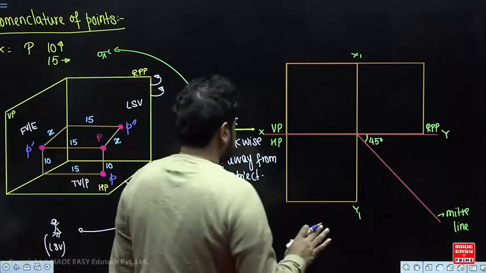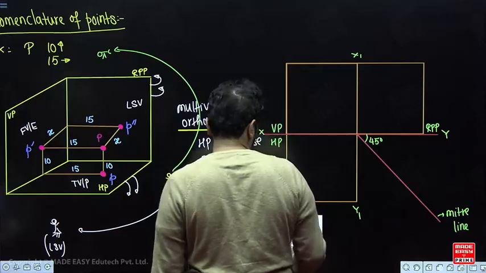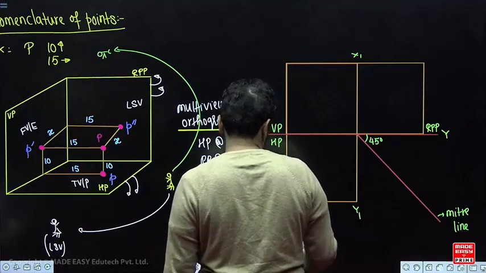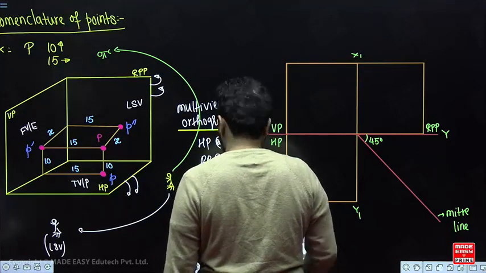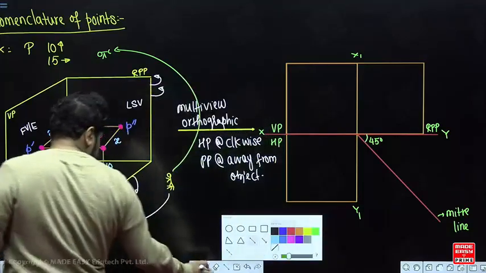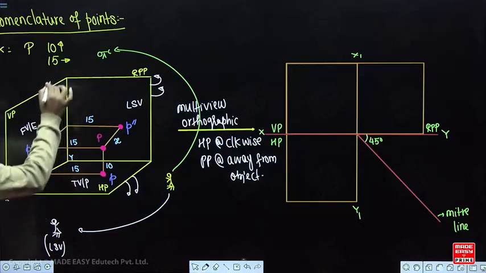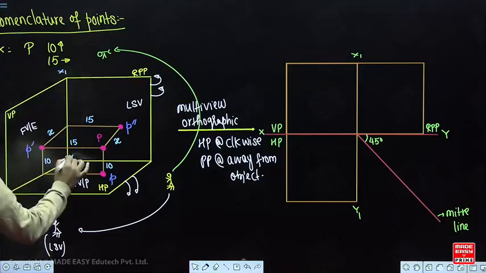Now see how to draw it. Look, this is the XY line, you can see it here. This is your X and this is your Y, and this is your X1 and this is your Y1.